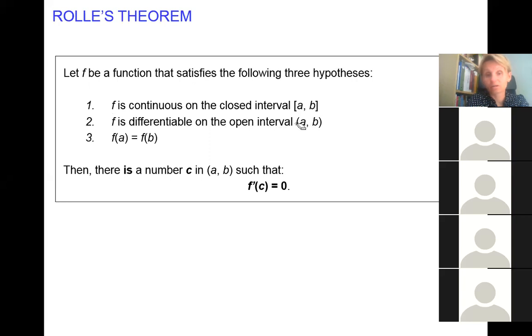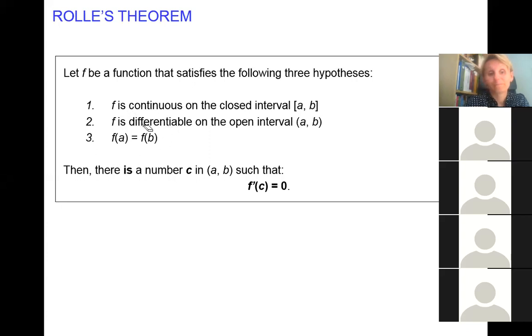A and b are not the condition for differentiability. And we remember, in order for the function to be differentiable, the graph must be nice and smooth, no sharp corners, no gaps, no jumps, just a smooth curve, like polynomials, for example. And then the third condition is that the value at the endpoints, f of a, must be exactly the same as f of b.